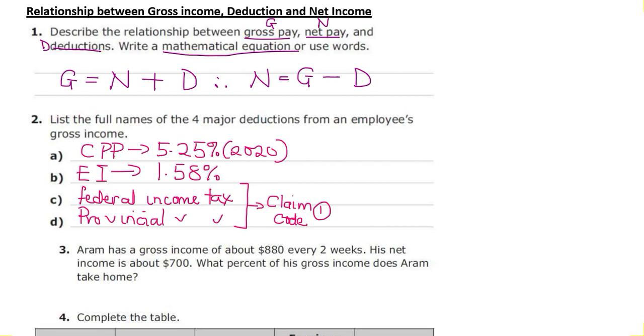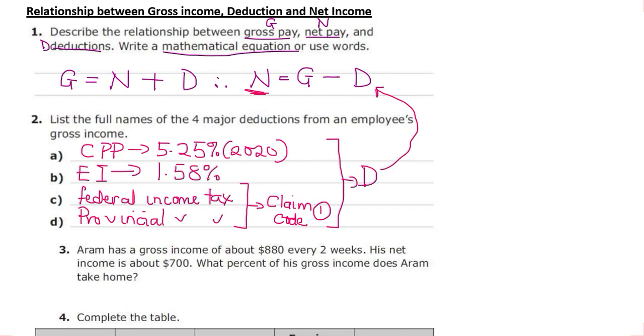That amount is deducted from your gross income, and the combination of these 4 is known as your D, the deduction, which is applied here to your gross income by removing a part of it to give you your net pay or take home pay.